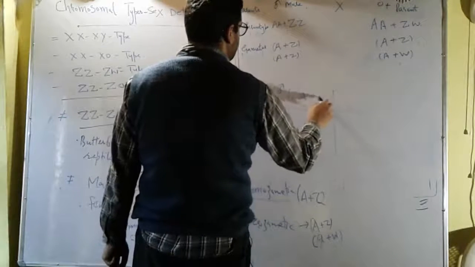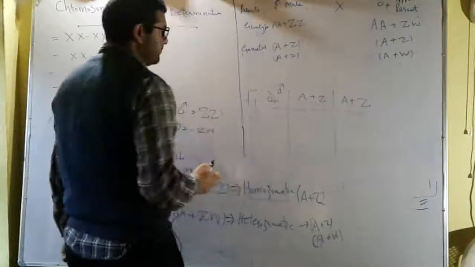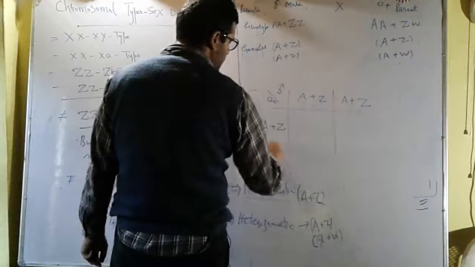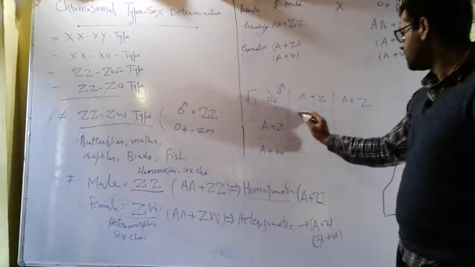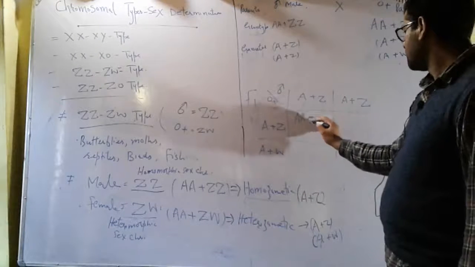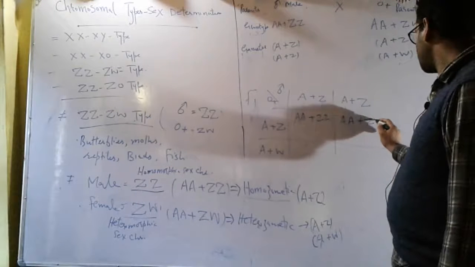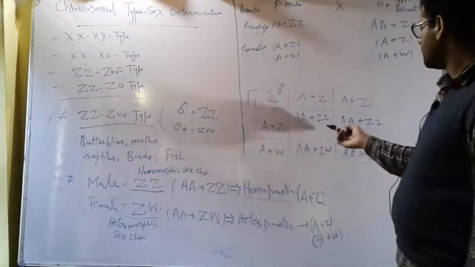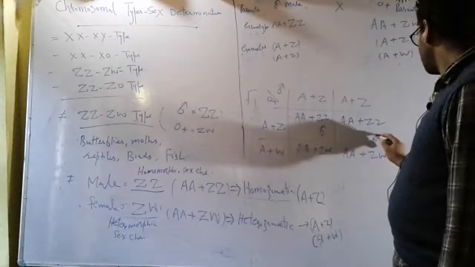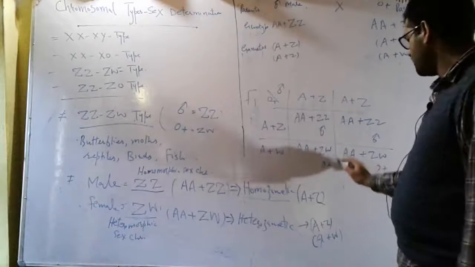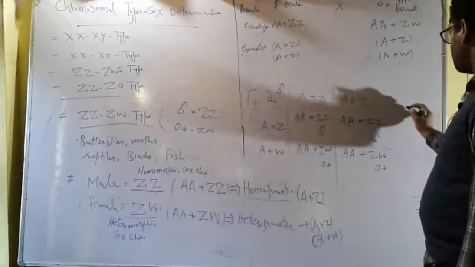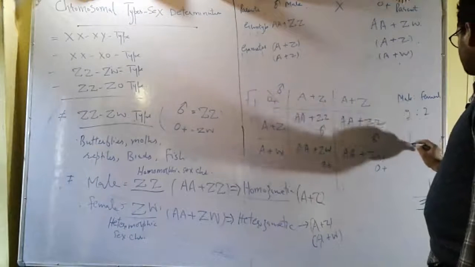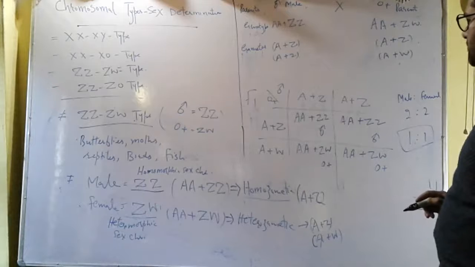We have A plus Z, A plus Z, then female gametes, that is heterogametic, A plus Z, A plus W. Then there is the fusion of gametes, and we will get AA plus ZZ individuals, and AA plus ZW individuals. Obviously these two are male, and these two are female individuals. So the sex ratio in F1 generation, males to females, is 2 to 2, ultimately 1 to 1. This is the sex ratio of offspring in the F1 generation.